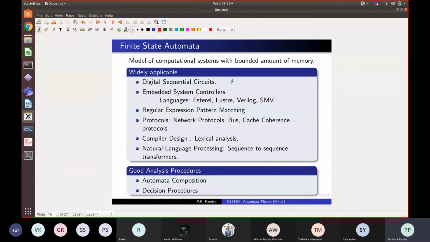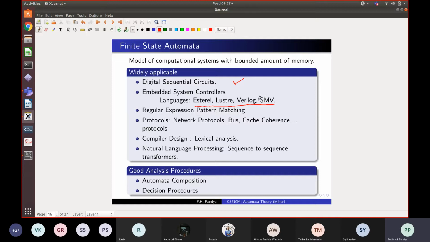Okay, and examples of such computational systems are widespread. So digital circuits, all digital circuits, including your Pentium chips and your router chips and your DSP chips, all fit into this. There are embedded system controllers that you want to build, and the controller part is typically written in very sophisticated programming languages like Esterel or Lustre or Verilog and SMV.